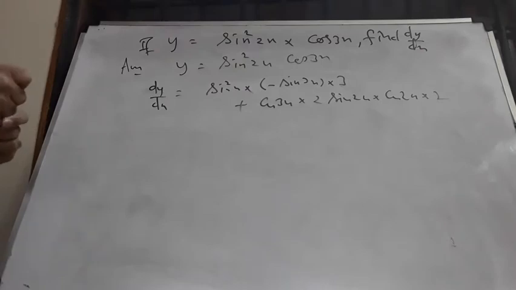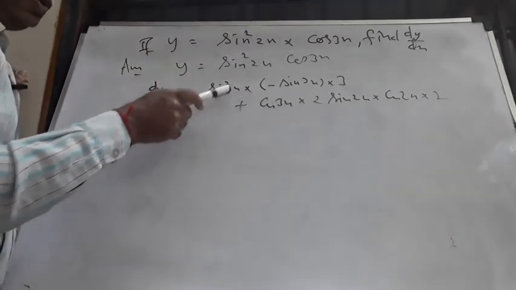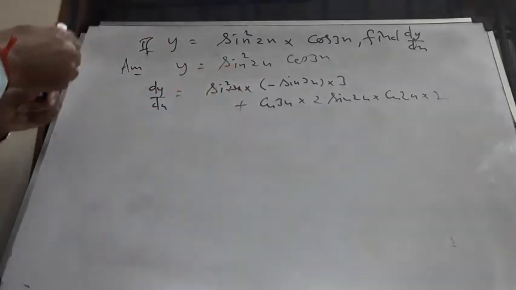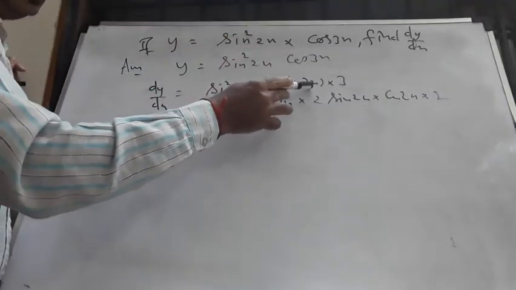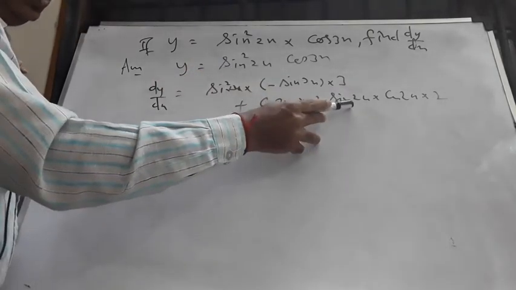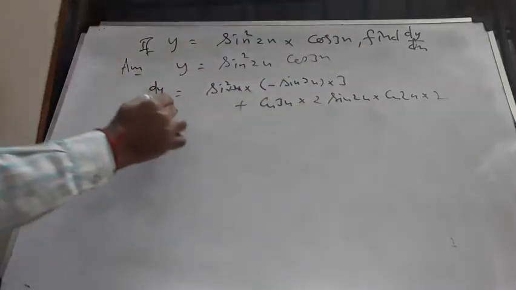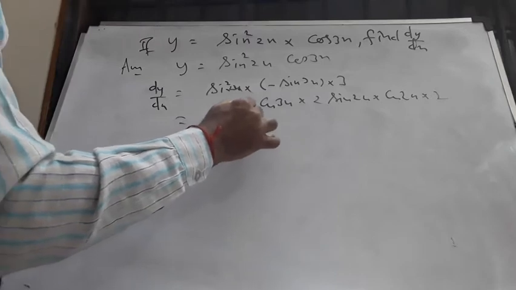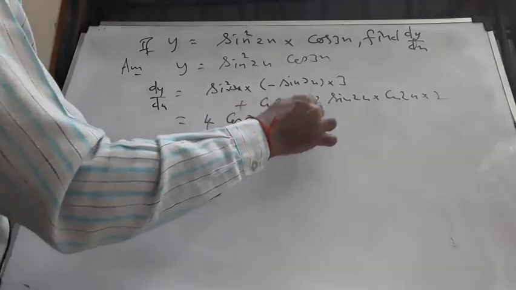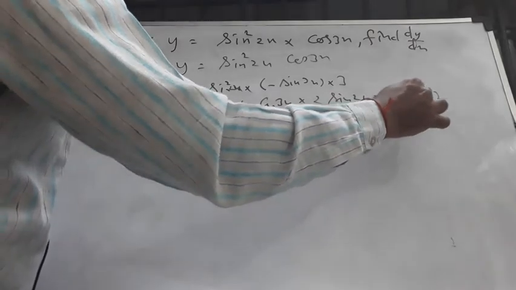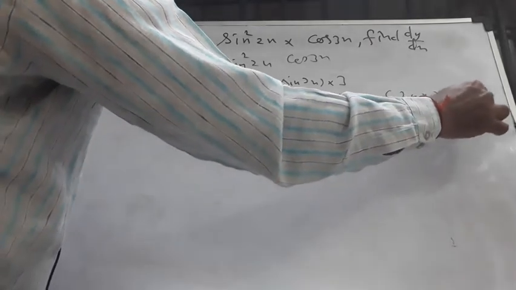I repeat, sine square 2x is kept as it is, and for cos it is minus sine 3x into 3 plus cos 3x into, for sine square it is 2 sine 2x, for sine 2x derivative cos 2x into 2. Let me write the positive quantity at the beginning. Therefore, this becomes 4 cos 3x cos 2x sine 2x minus 3 sine square 2x into sine 3x.